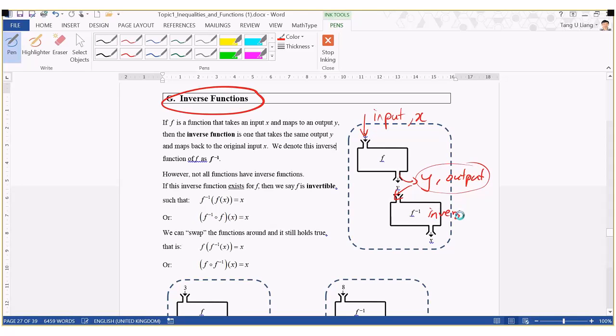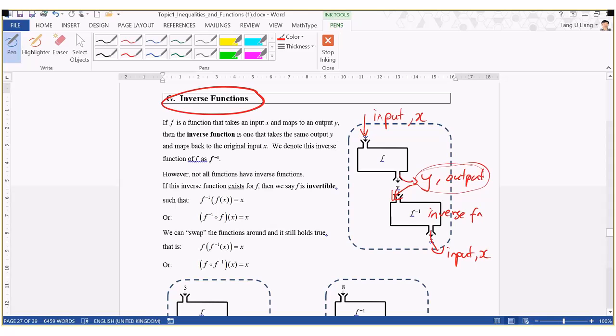You can take the output y over here, and just put it into the inverse function. And what does the inverse function produce? It actually produces the original input x that you started off with. That's what the inverse function is supposed to do.